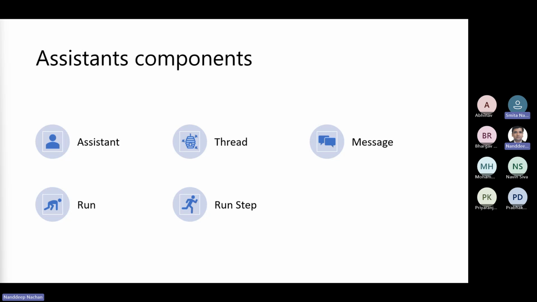Messages are stored as a list on the thread. A run is the activation of the assistant to begin running based on the content of the thread. The assistant uses its configuration and the thread's messages to perform the task by calling the models and tools. Run steps are a detailed list of the steps the assistant took as part of a run. An assistant can call tools or create messages during its run.